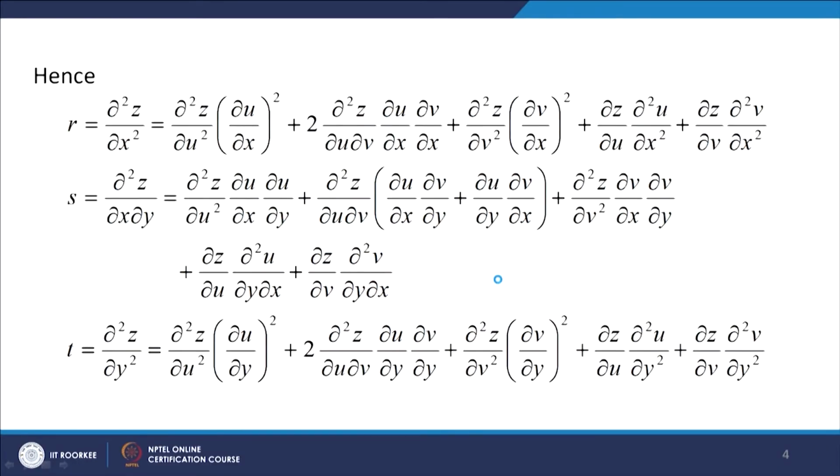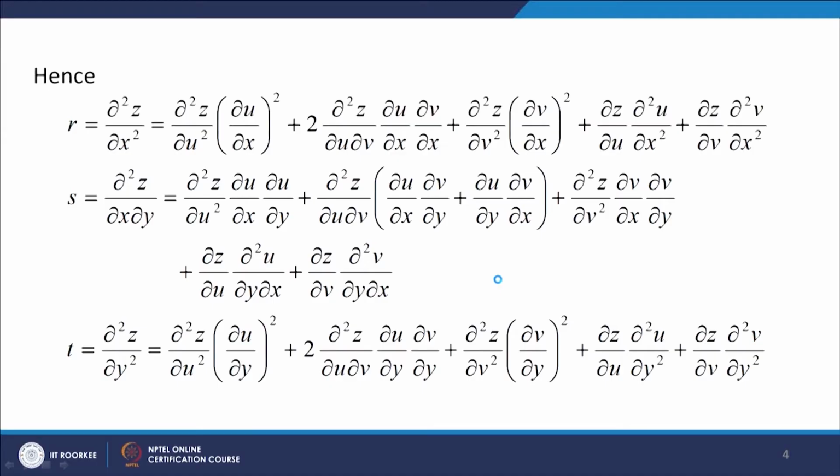Now, when we go to the second order partial derivatives, that is, we find r, s and t. r will be equal to the second order partial derivative of z with respect to x, s will be del square z over del x del y, and t will be del square z over del y square.